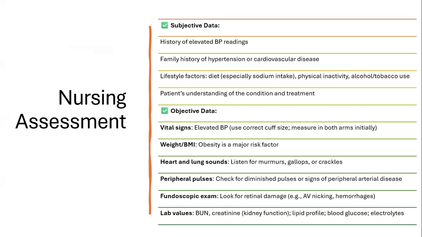Nursing assessment is more than just measuring vital signs. Subjective data, as you can see in the slide, involves gathering a comprehensive health history of the patient and also identifying the risk factors, like the family history of the patient, whether the family has hypertension or not, and also evaluating lifestyle habits such as diet, physical inactivity, potential use of alcohol and also tobacco, and assessing for target organ damage.